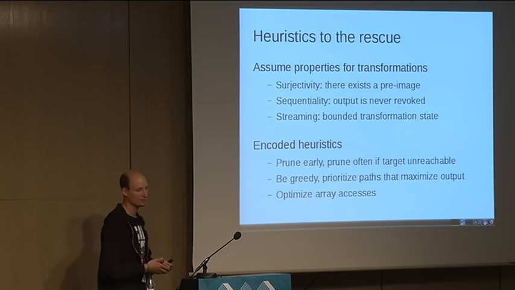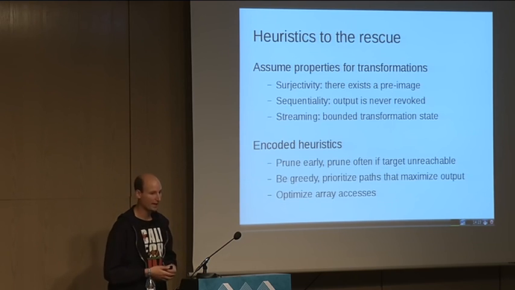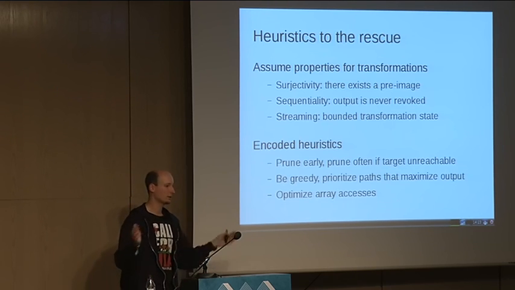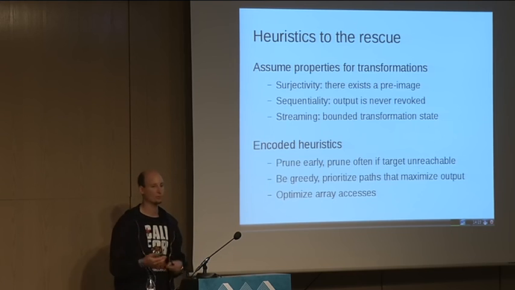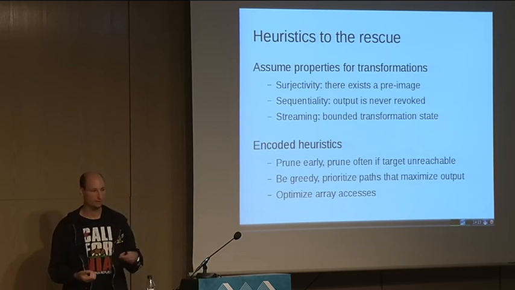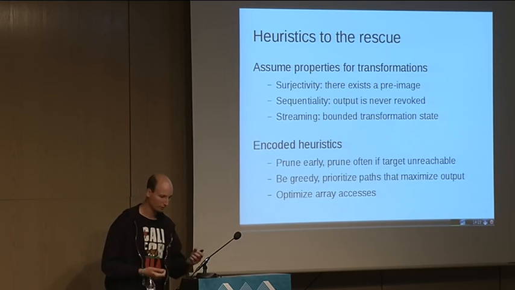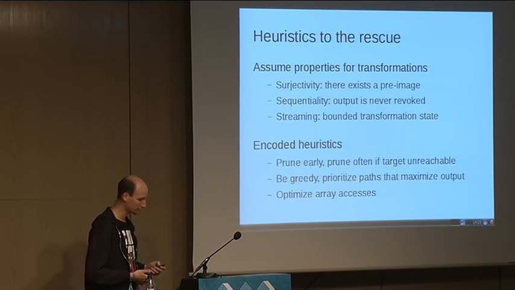And we do some specific optimizations for array accesses by combining formulas or splitting formulas depending on a set of conditions. But you can read about that in the paper if you're interested.